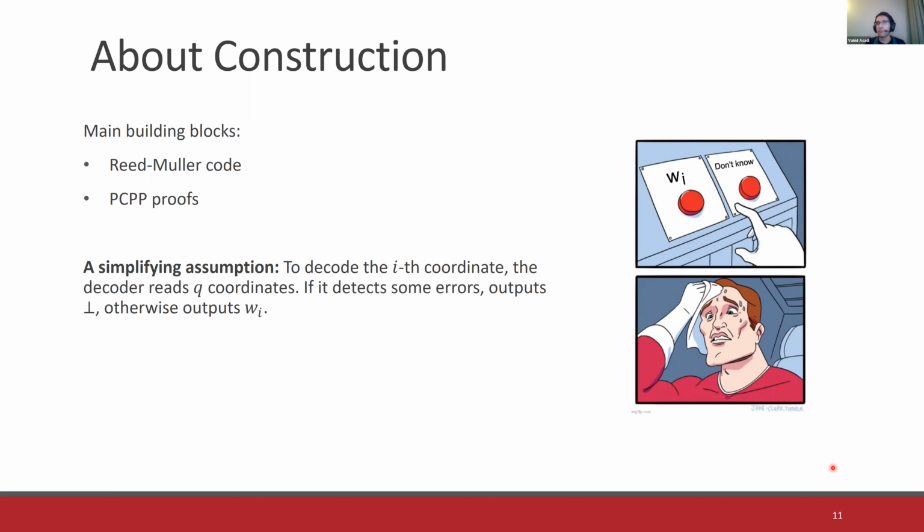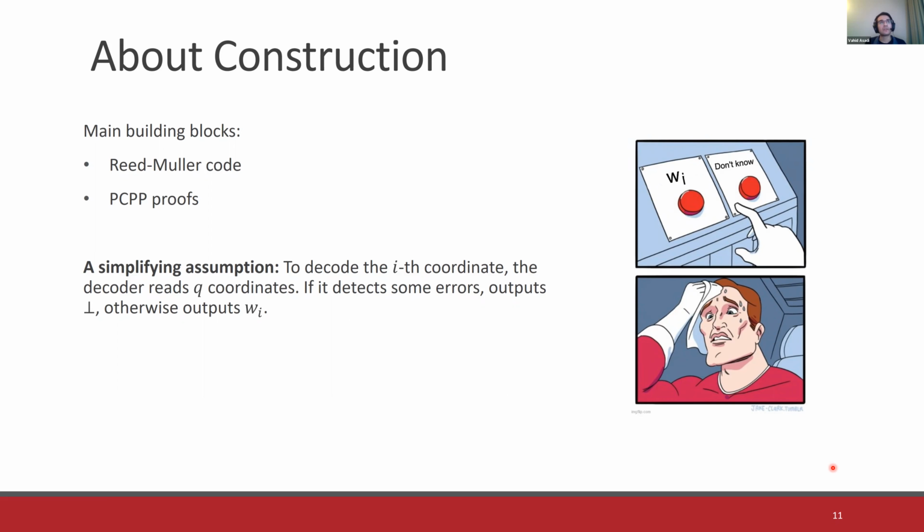So it reads some q locations from the given word, and if it detects that there is some error in these q locations, it just outputs "don't know." It doesn't try anything fancy. Otherwise, if it sees that everything is okay, it outputs the i-th bit of the word.